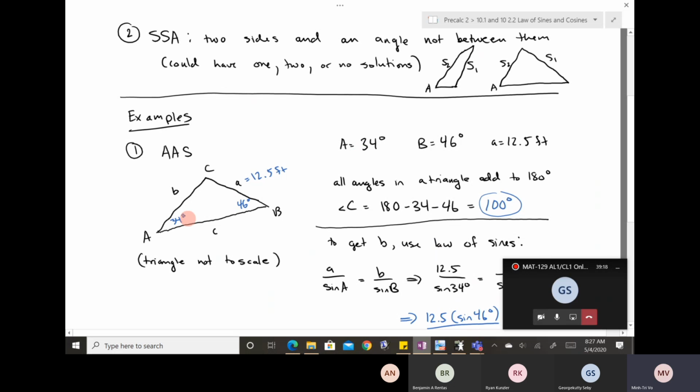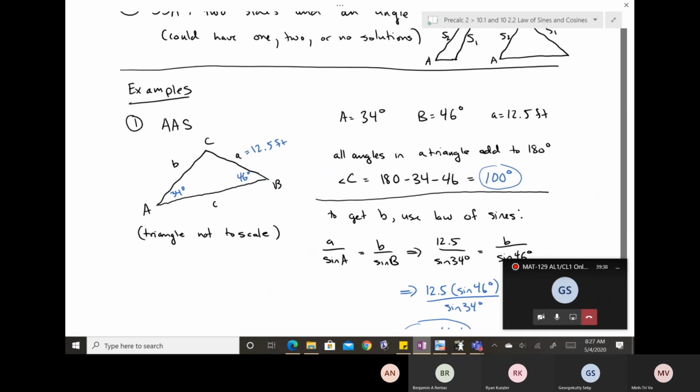You're given that angle A is 34 degrees, angle B is 46 degrees, and side A is 12 and a half feet. Angle C is unknown, and sides B and C are unknown. So we want to figure out the two unknown sides and the unknown angle.